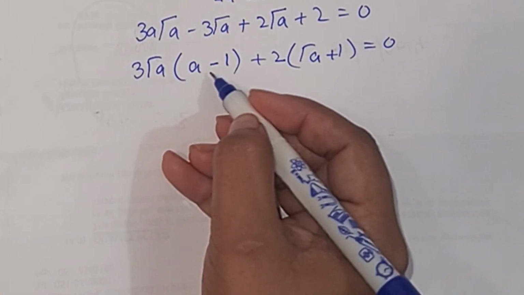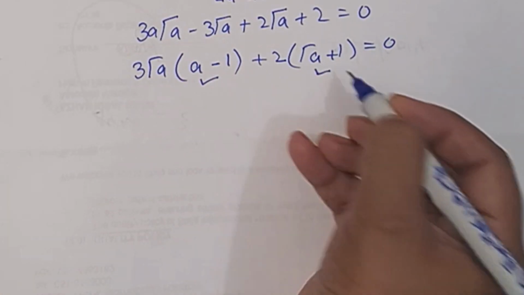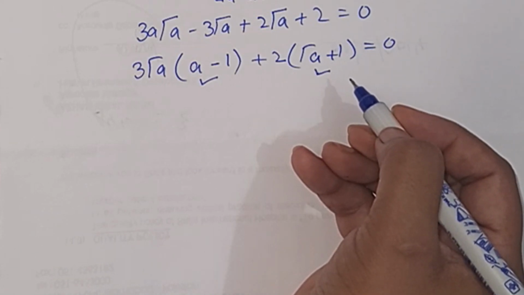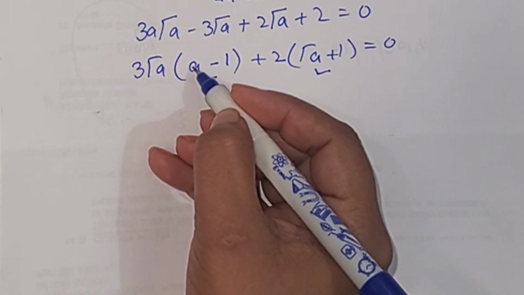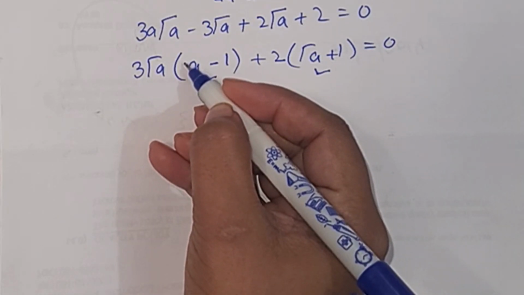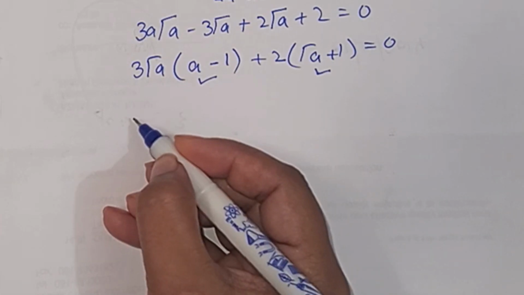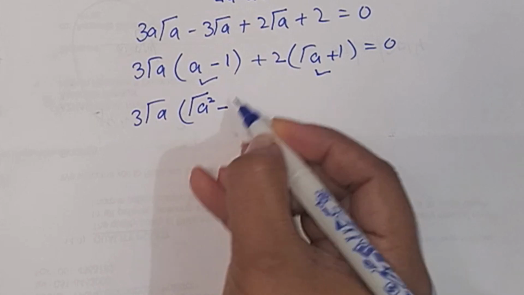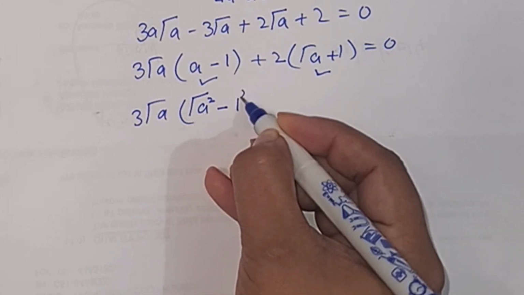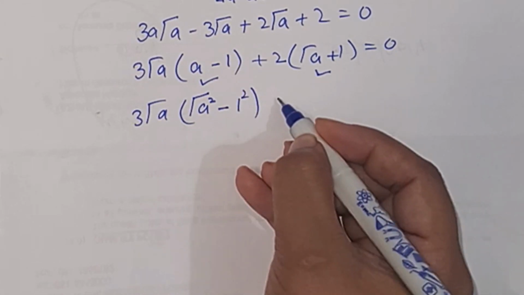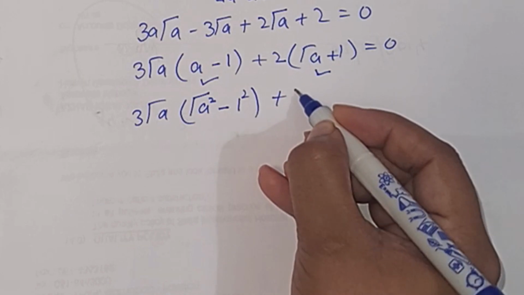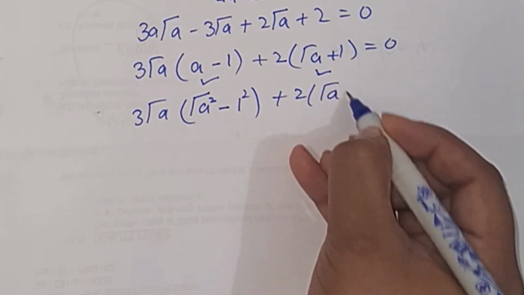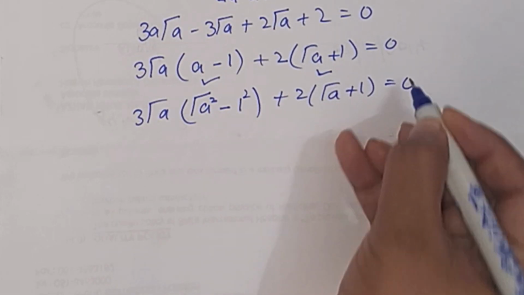Now this factor and this factor are not the same, but we write this a as square root a squared, square root a squared minus 1, and we write this 1 as 1 squared, this is also equal to 1. We copy the remaining value, 2 times square root a plus 1, it's equal to 0.